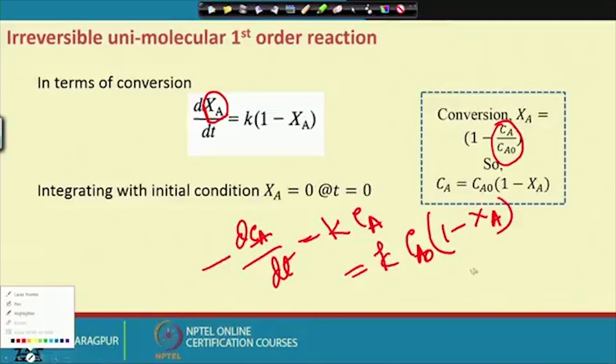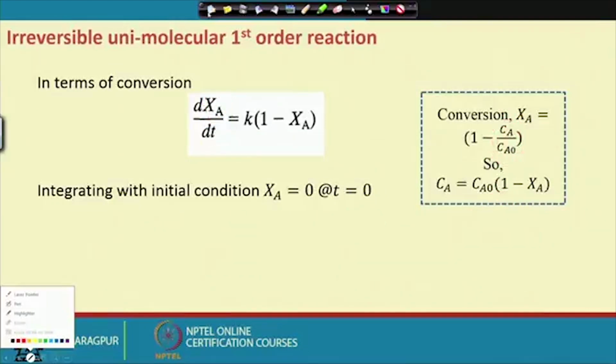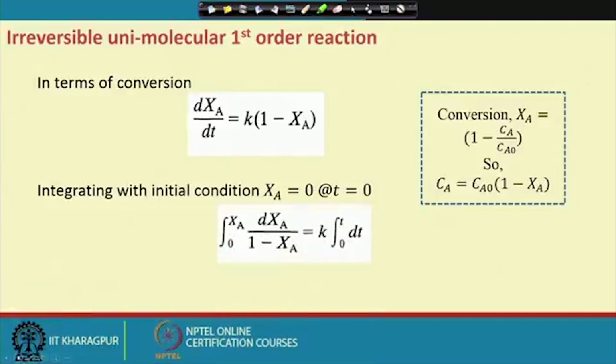Now if you do dCa, then what will it be? Ca0 is constant, so this is equal to minus Ca0 dXa. Now if you put this value here, the Ca0 will cancel, and we will get this equation. So this is the final equation we will get in this form.